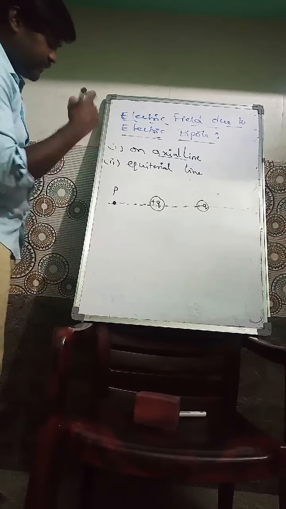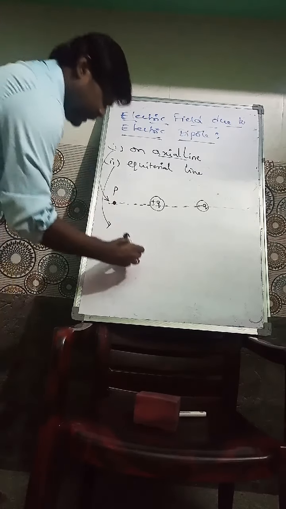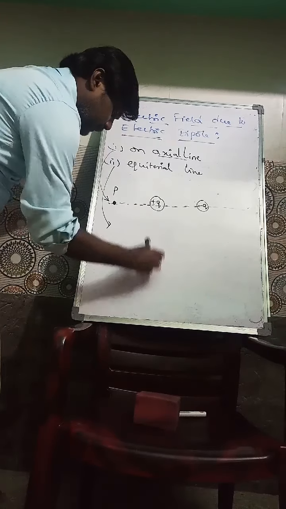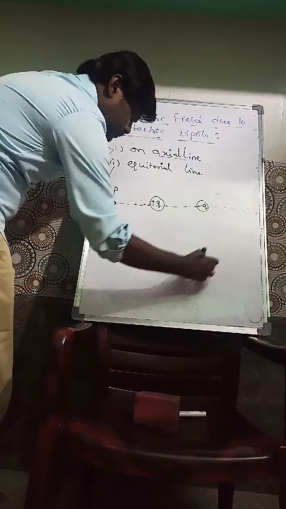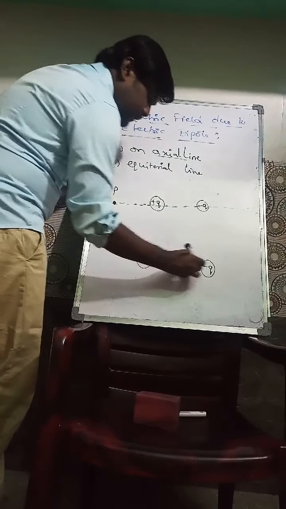And the second is the equatorial line. Take plus q and minus q and join them.